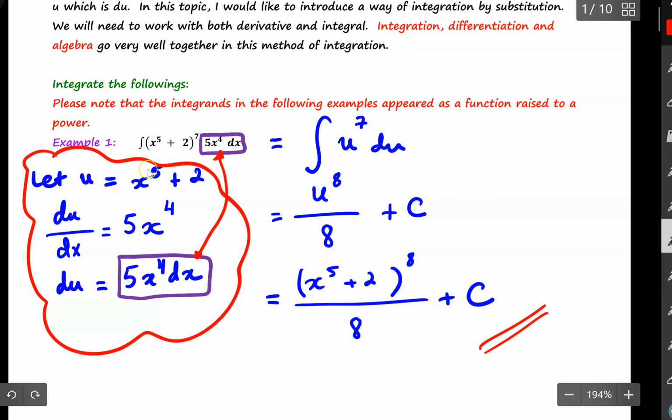Okay? You had a 50% chance here. So try to choose one or the other, but after we work with a few examples, I am very sure that you will recognize right away what function to choose as your u.